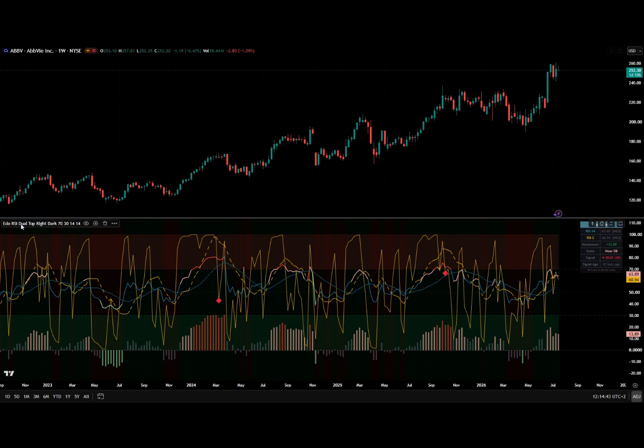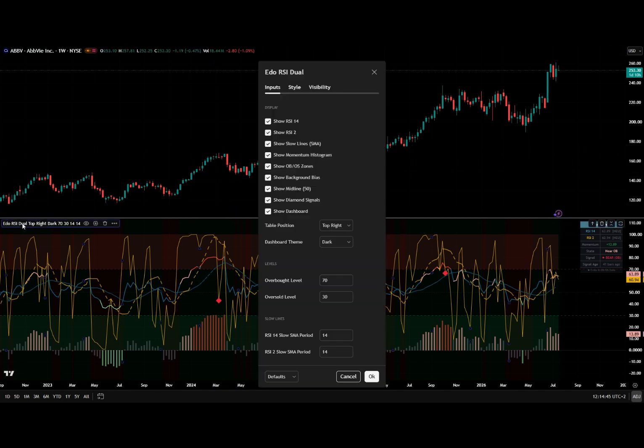Let's open the settings and go through them. The first block is display, and every layer can be switched off on its own, the 2 RSIs, the slow lines, the histogram and the zones. And the same for the background tint, the midline, the diamond signals and the dashboard itself.